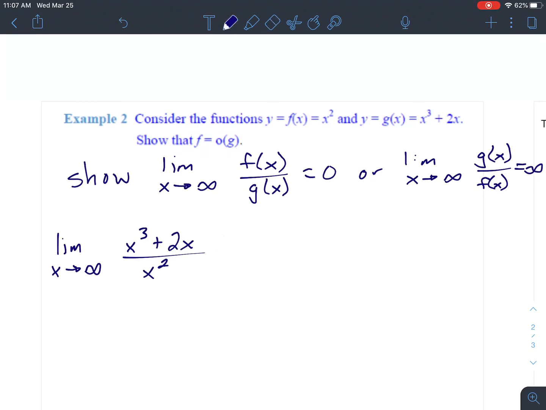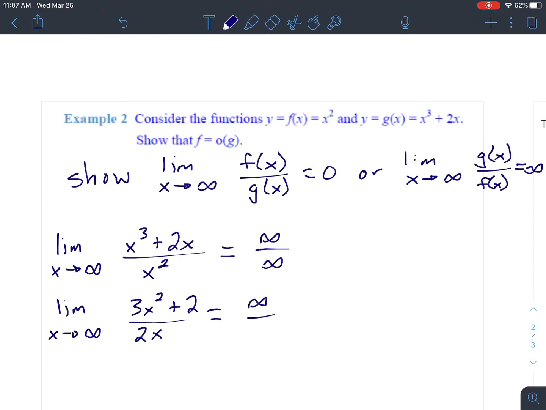All right, so the first thing, we need to put in infinity for both of these, and we're going to get infinity over infinity, so we need to do L'Hopital's. Therefore, we're going to get 3x squared plus 2. Down on the bottom, we're going to get 2x. We do L'Hopital's again.